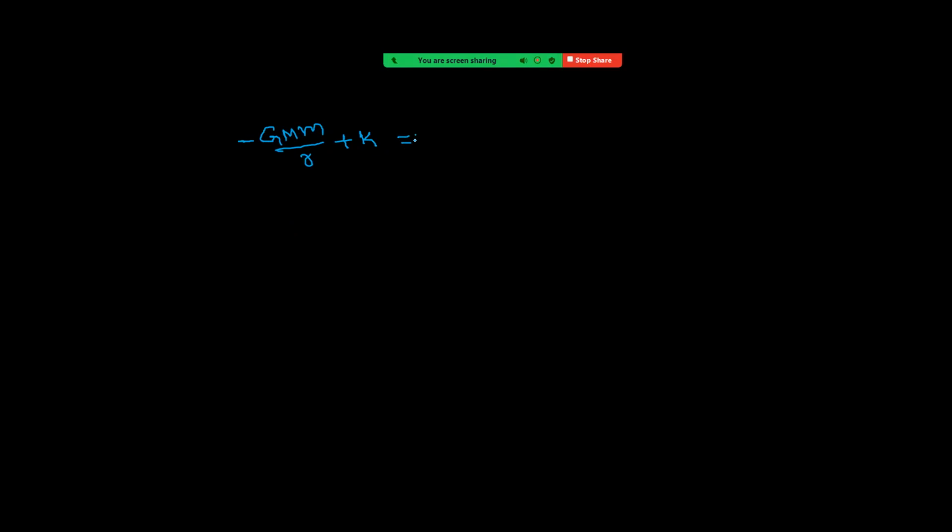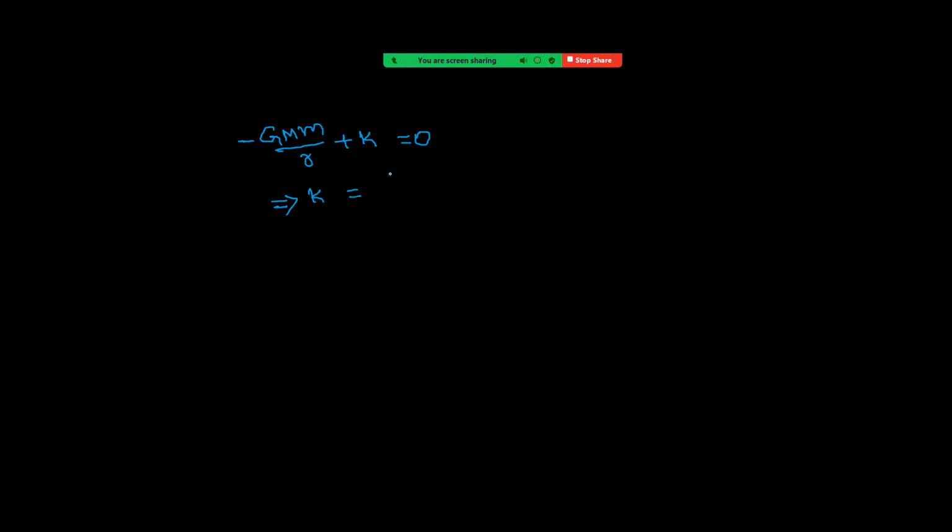If the total value is 0, it will escape from the gravitational attraction of the Earth. I'm repeating: this is the potential energy of the body which is ejected, plus this is the kinetic energy of that body at the time of ejection. If the total is 0, it will escape from the gravitational attraction of Earth.